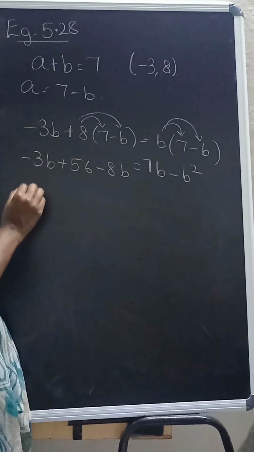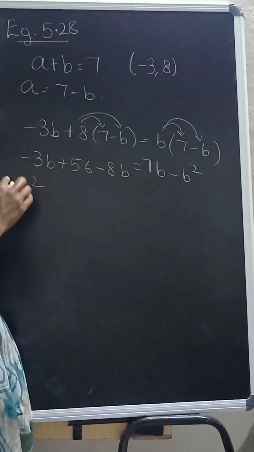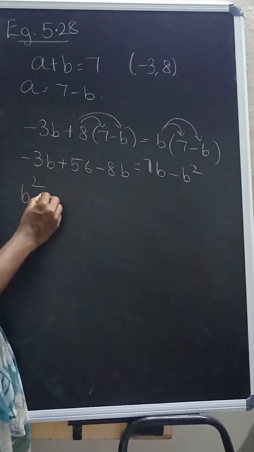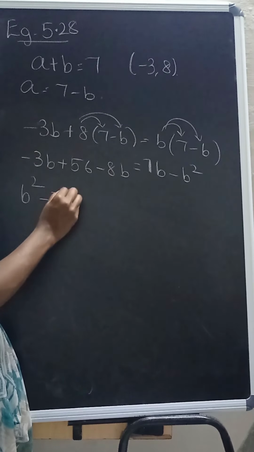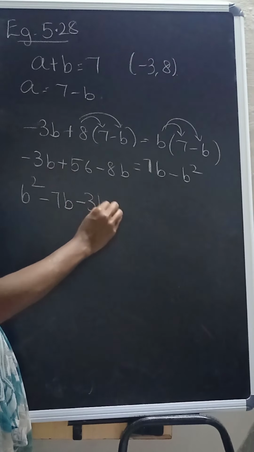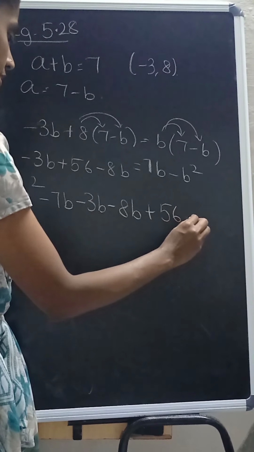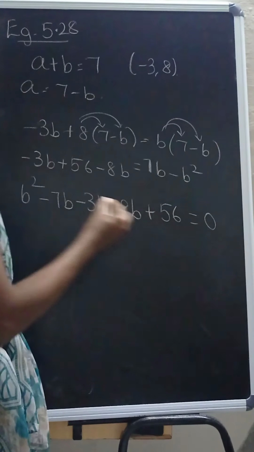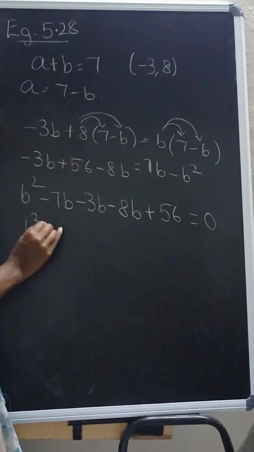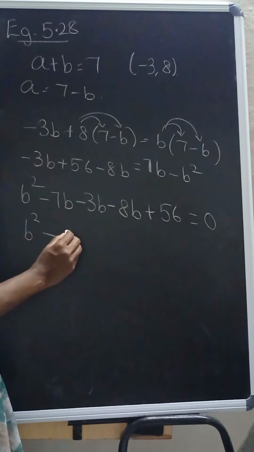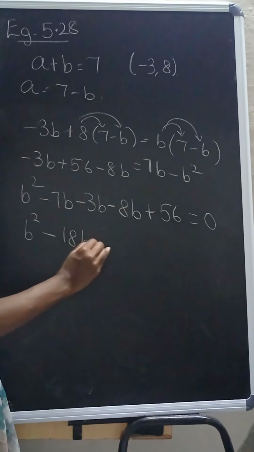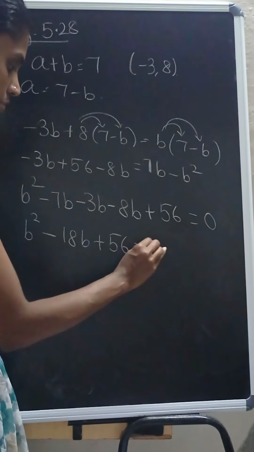You will get b² - b² when it comes here, plus b², minus 7b - 3b - 8b + 56 = 0. So b² - 18b + 56 = 0.